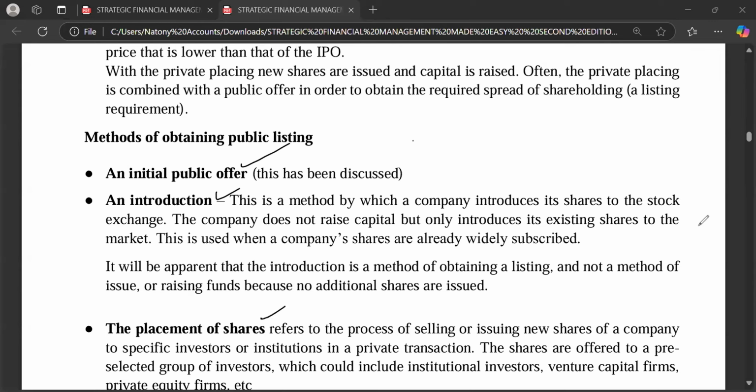Then there are placements. A placement is a process of selling shares of a company to specific private investors or through a private transaction, to selected people, maybe sales to institutional investors like fund managers. That's where you see the placing.